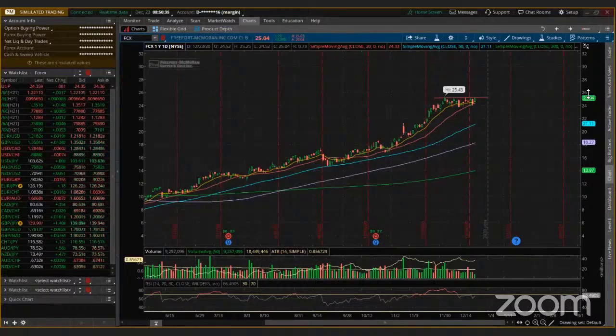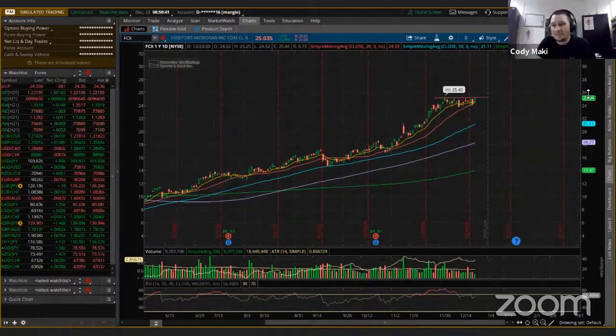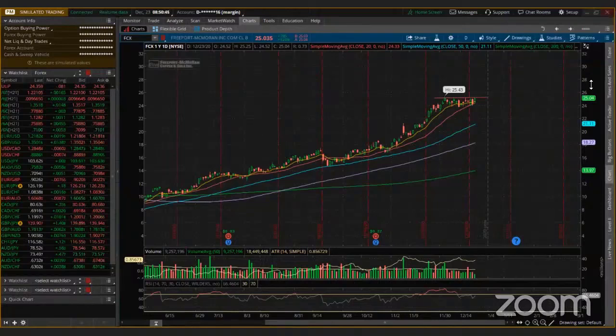We are not locking down any risk graph here. Unleash the Kraken. Absolutely. I love this FCX setup and I love the potential breakout. You got to love the consolidation and the tight level of consolidation over the last 2.5, 3 weeks. The cleanliness of that 2540 breakout. It's easy. This is what I like about it.